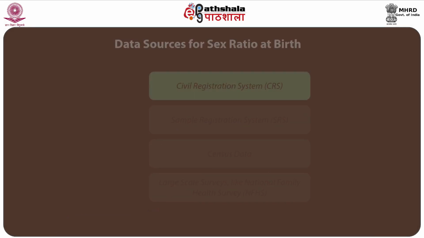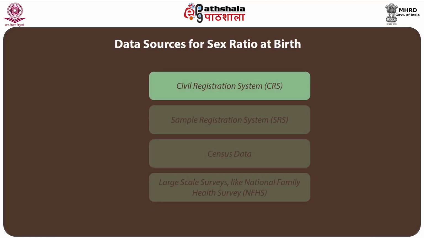In many countries of the world, the sex ratio at birth is estimated through what is generally known as the Civil Registration System, CRS. What is CRS? CRS makes it mandatory for everyone to register births whenever a birth happens in a family or for a couple.